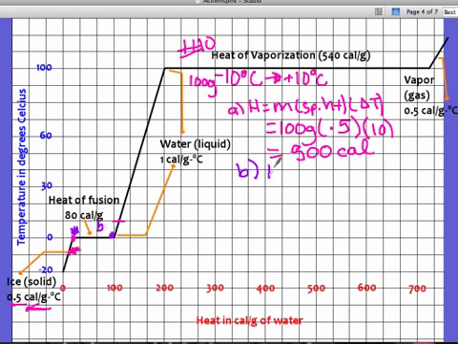I have 100 grams, and I'm going to go across the bridge, so I'm going to take my mass times my heat of fusion. So my mass is 100 grams, like 100 cars. My heat of fusion is the toll, and that's 80, and I multiply those, and I'm going to get 8,000 calories.